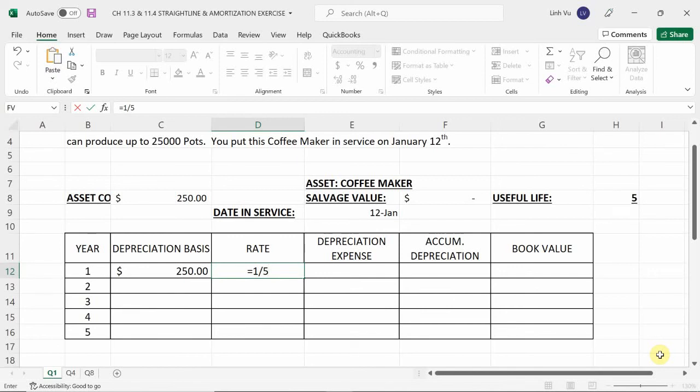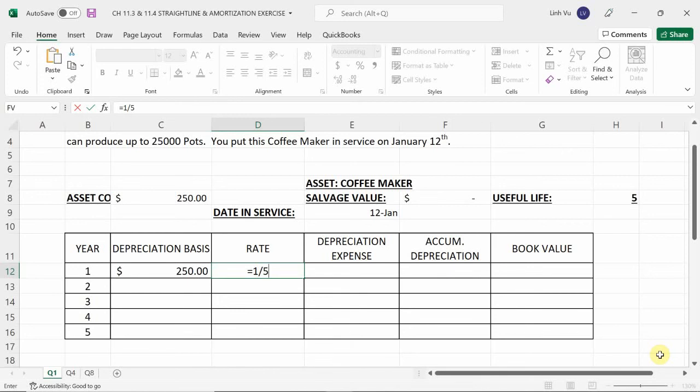The rate is going to be 1 up to useful life, like 5 years, right?